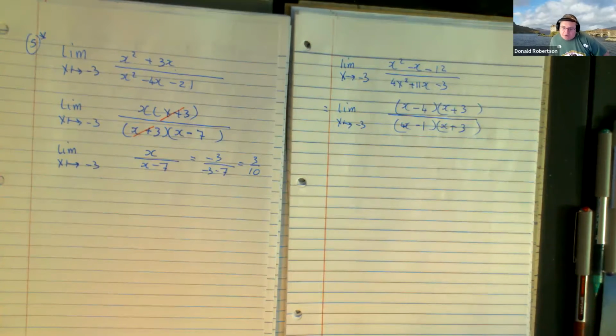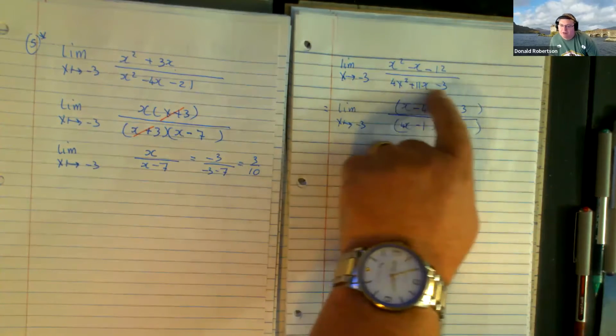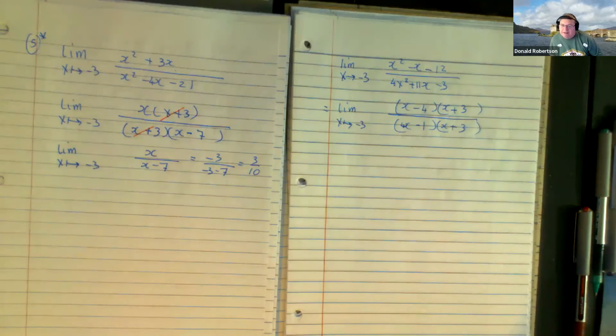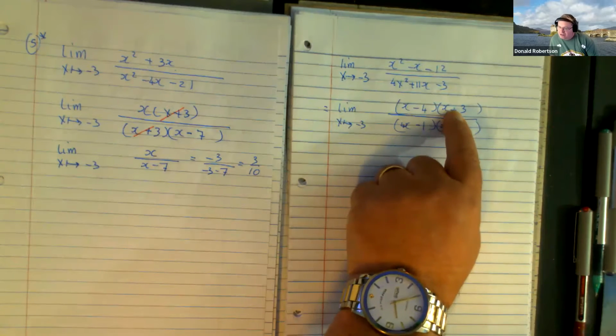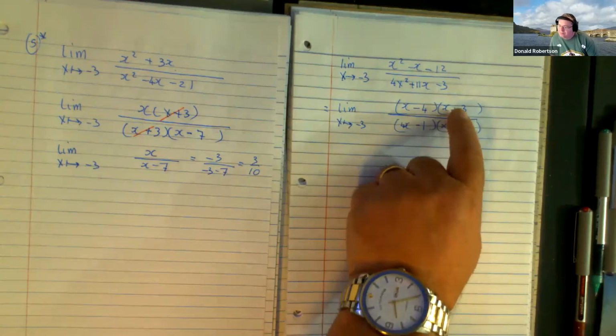Now, when you are doing this factor and cancel method, especially when the quadratics start getting ugly, there are certain features you might have noticed that every single question has. Do you see how the value here is the limit as x tends to -3? Do you notice that that causes an x plus 3 as a factor?